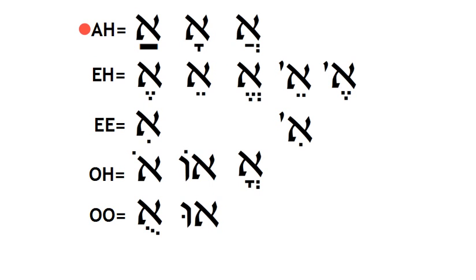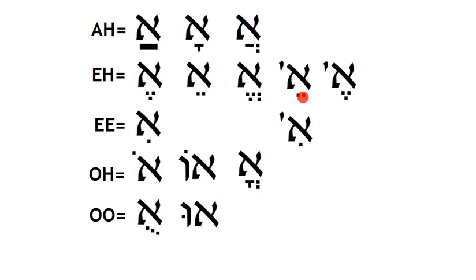So we've got up here all different ways of saying ah, and there are nuances among these, but for the purposes of learning as quickly as possible, it's enough to know that if you've got these two eyeballs staring you in the face underneath the letter, that you're going to say eh, okay? Here we have E. We've got this version of E and this version of E with the yud here.